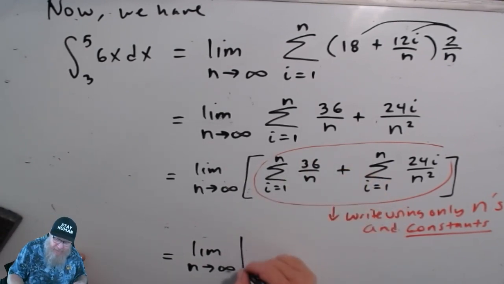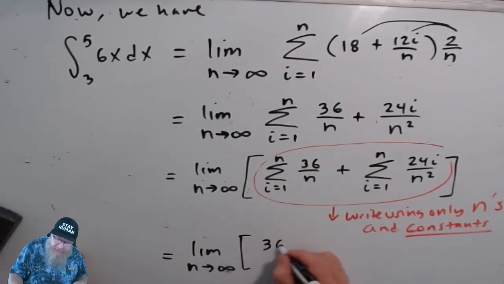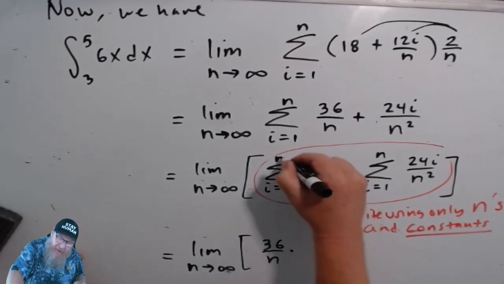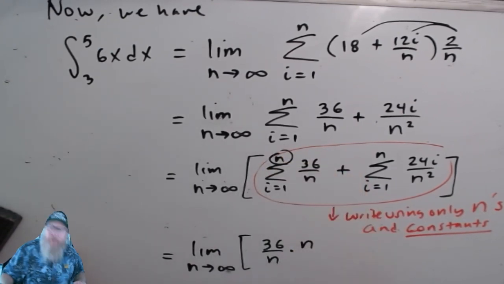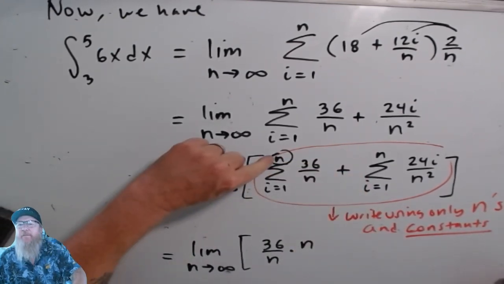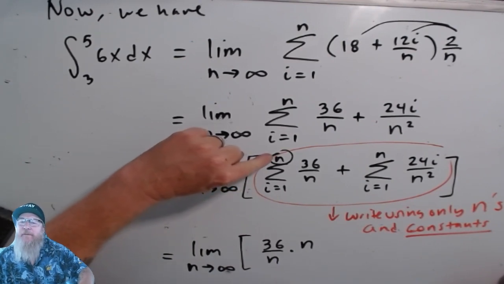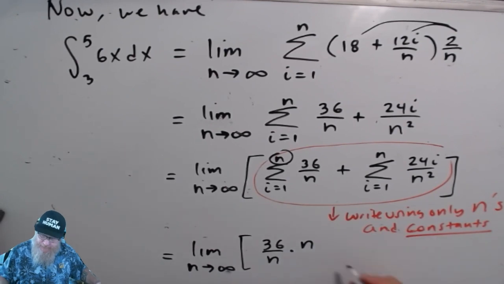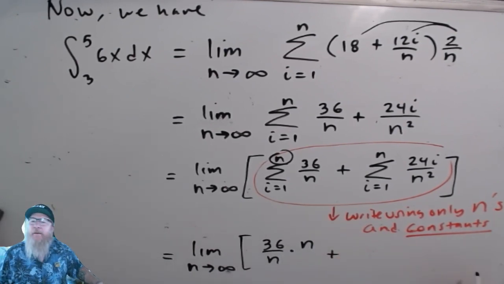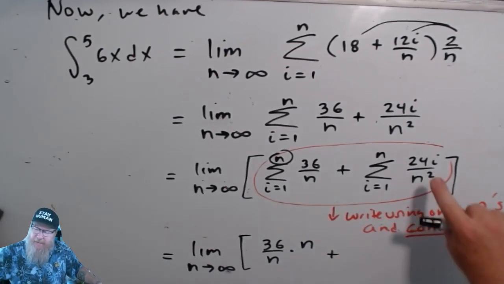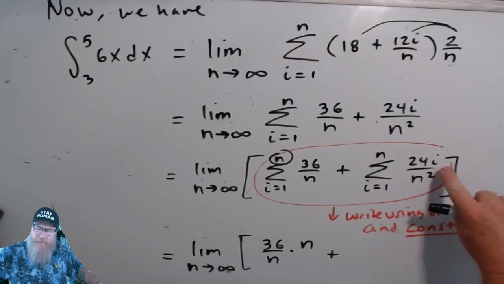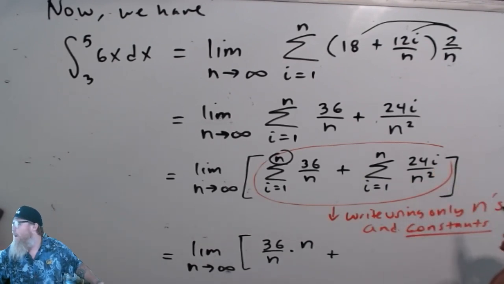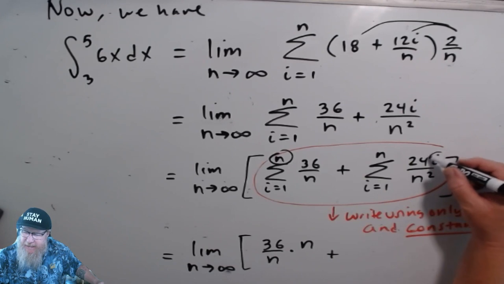So that's going to be 36 over n times the top number, which is n. We call it the upper bound of the summation. Okay, and then now let's do this one. All right, we got 24i.